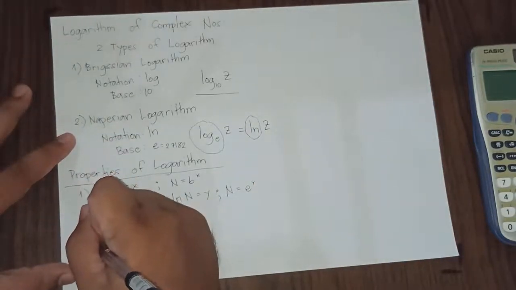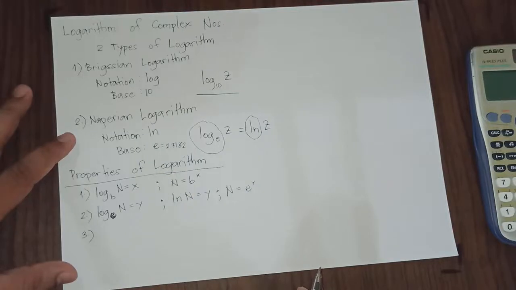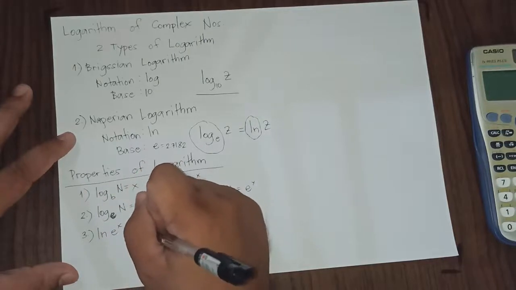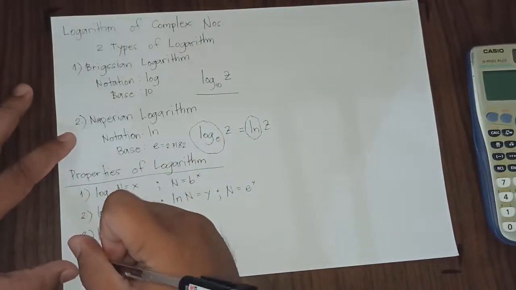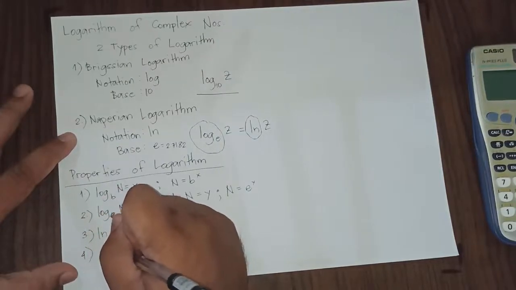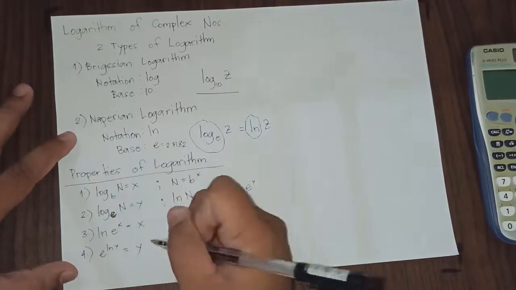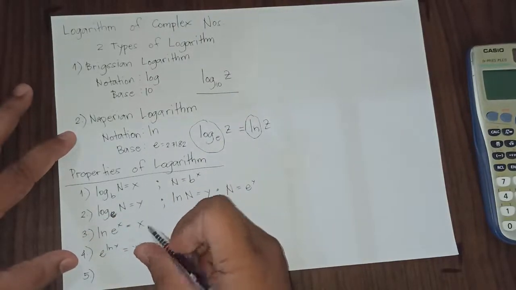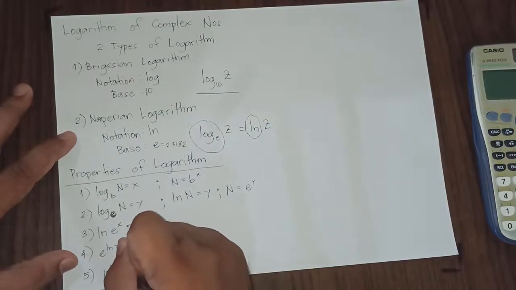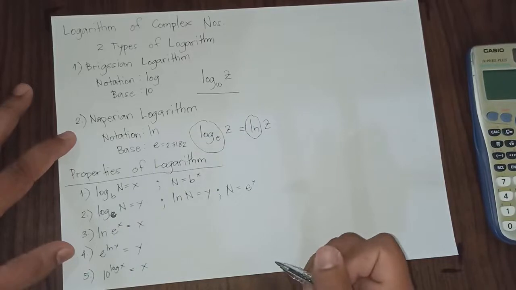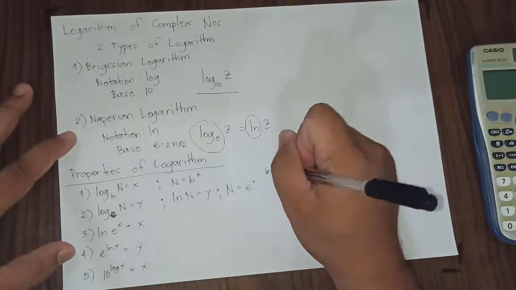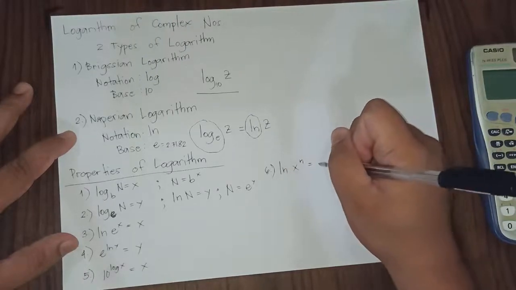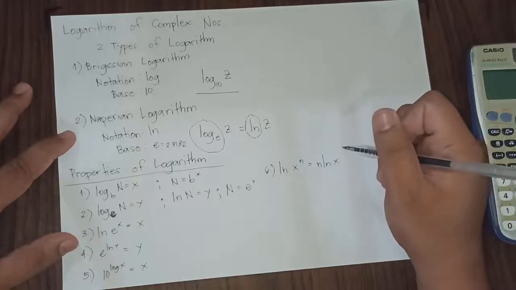Okay. Number 3. Ln of e raised to x is equal to x. Number 4. E raised to ln of y is equal to y. Number 5. Then 10 raised to log of x is equal to x. Okay. Number 6. Ln of x raised to n is equal to n ln of x. Okay.